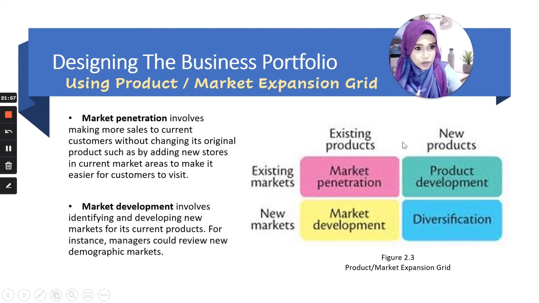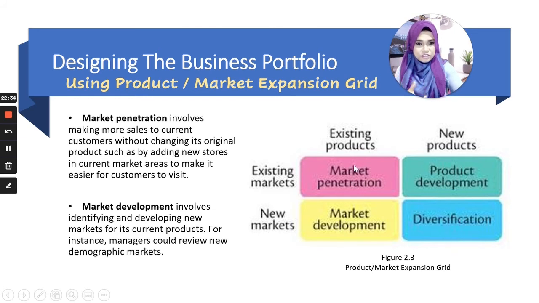This is about your product or SBU, the existing one you already have, and the new product you want to produce or offer in the future. Not just products, but could be any SBU. You may also want to look at existing customers, the existing market, and new markets perhaps in the future. So we have market penetration, market development, product development, and also diversification.